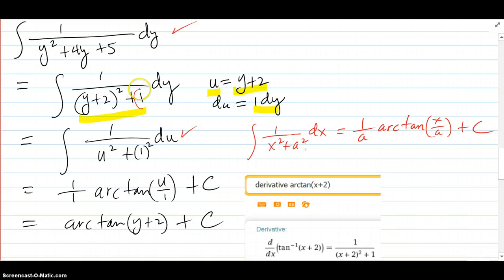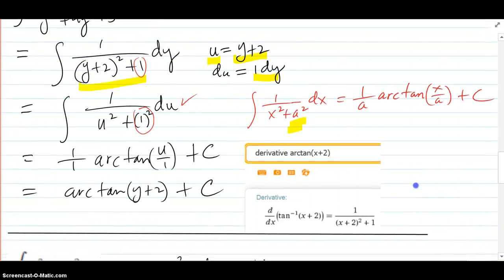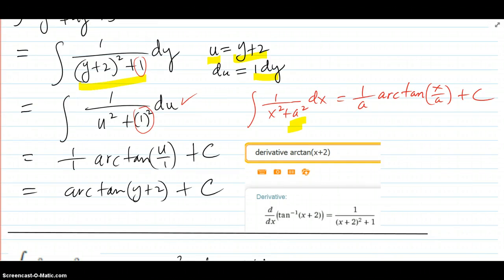I rewrote the 1 as 1 squared in order to make it look like the proper form. So I'm in the proper form now as far as my u's. So I realized that a is 1, because there's the 1 right there. That's the a. So a is 1.